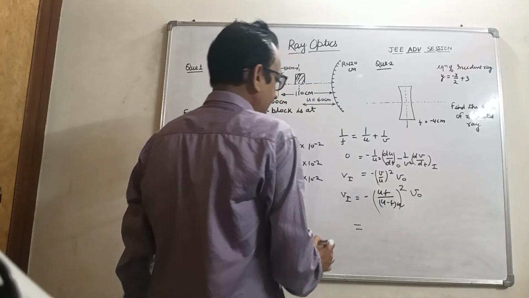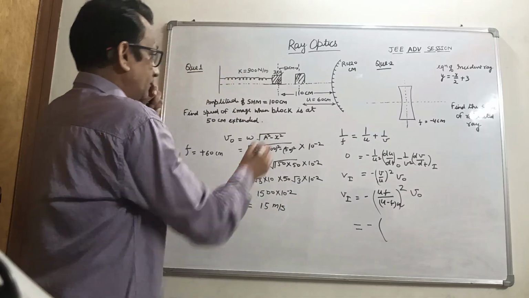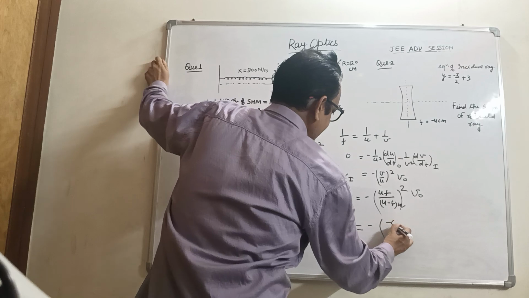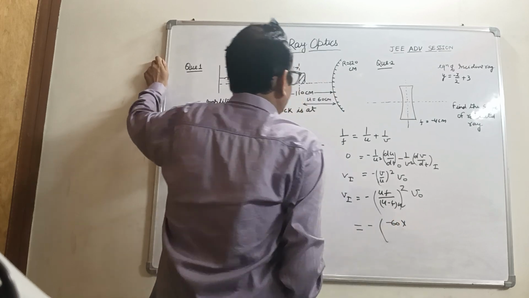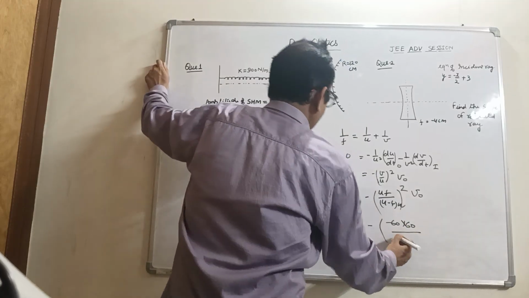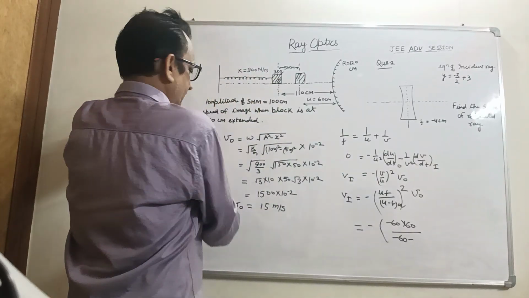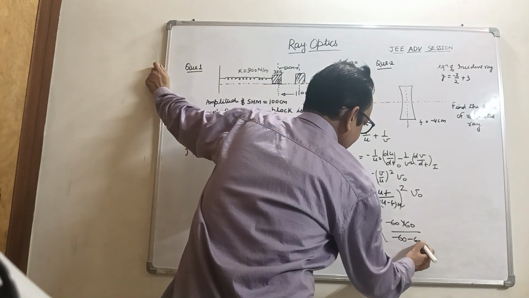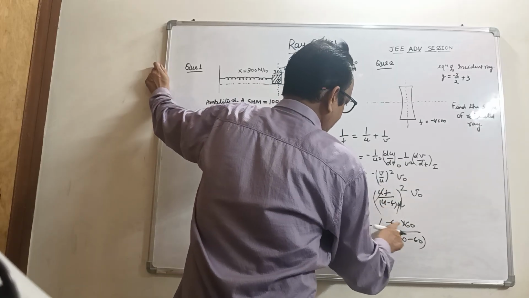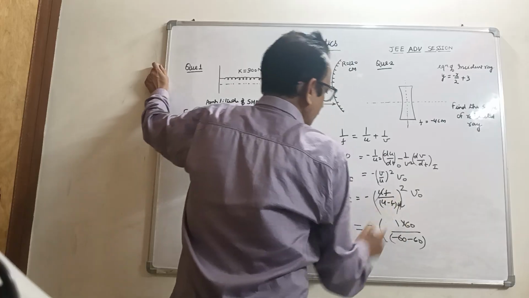Putting the value here, u is equal to minus 60 centimeter, and focal length will be plus 60. So u minus f becomes minus 60 minus 60, and the terms cancel out.